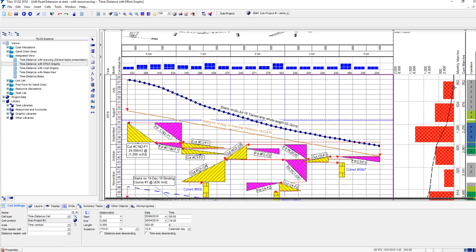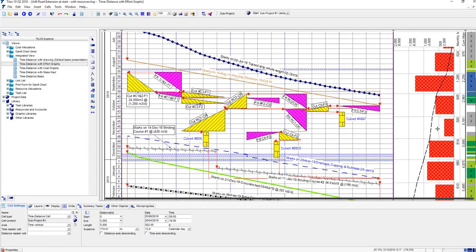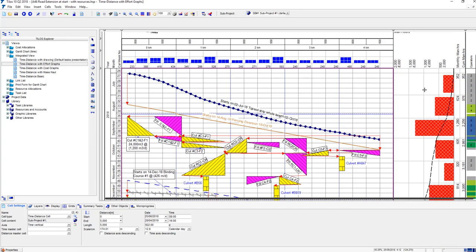So we can see that both per month and also cumulatively. We can see that as numerical value, and we can see that right line rising, so we can see which are our busier months for effort.